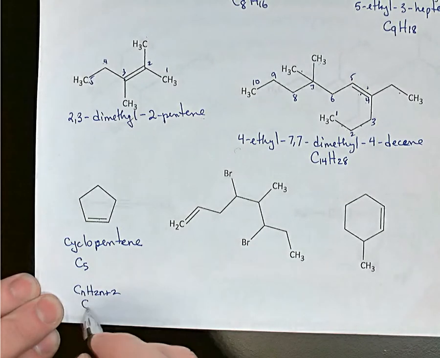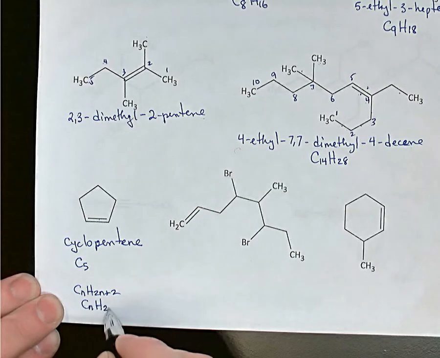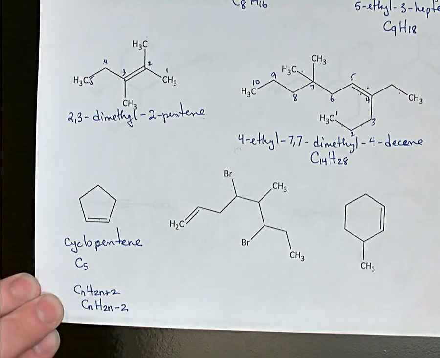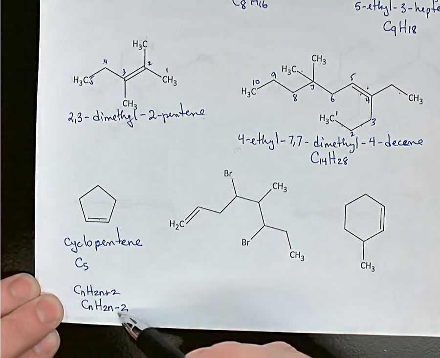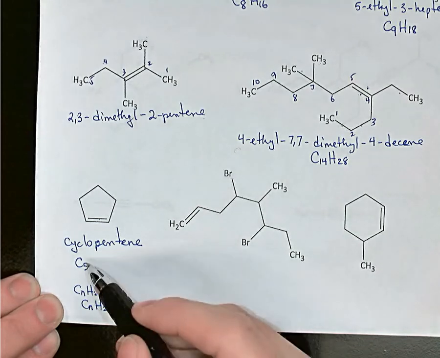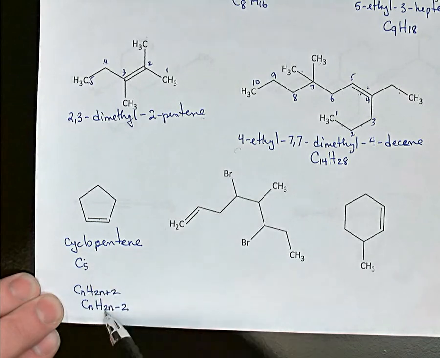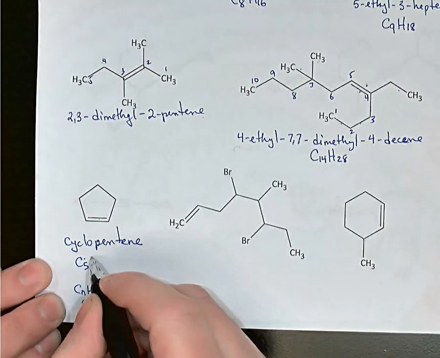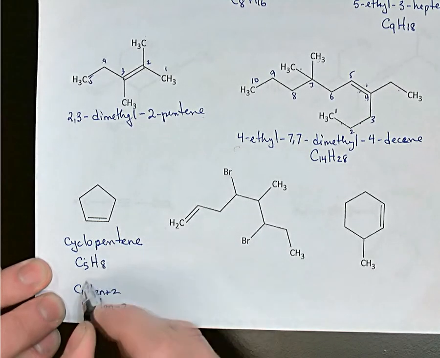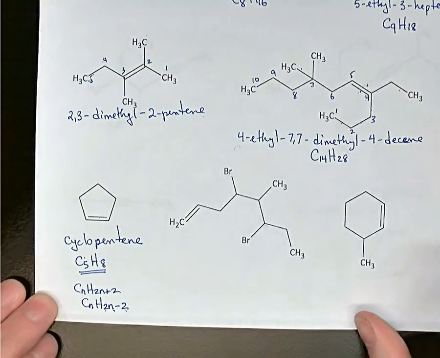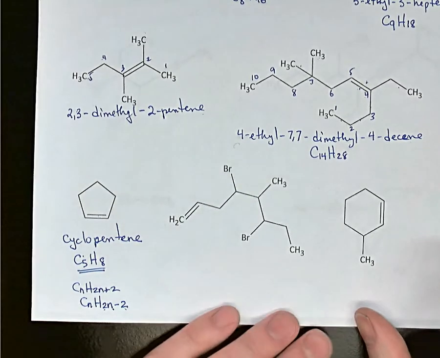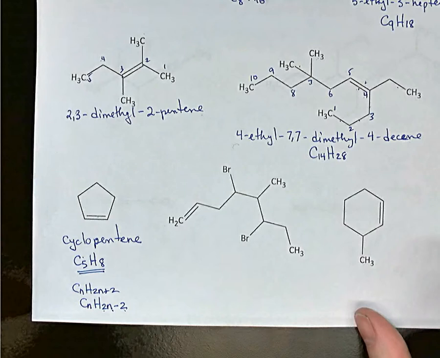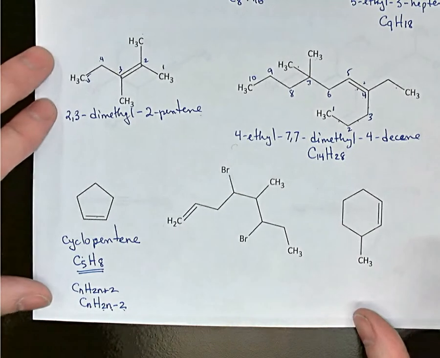So this would become CnH2n minus 2. If you want to take away 4 hydrogens, instead of a plus 2, you have a minus 2 now. So if there were 5 carbons, 2 times 5 is 10. Take away 2 is 8. So C5H8. Okay? When you have a ring, you take away 2 hydrogen atoms. When you form a double bond, you have to take away another 2 hydrogen atoms.